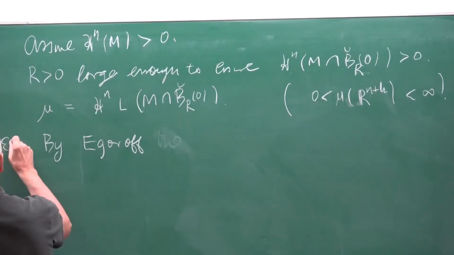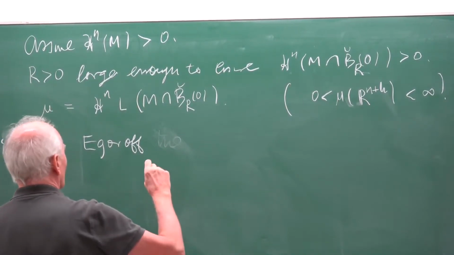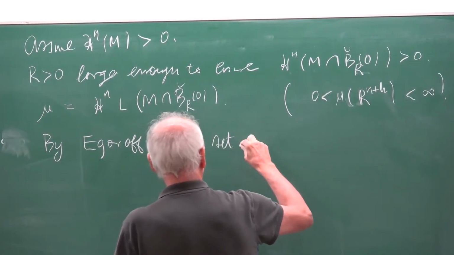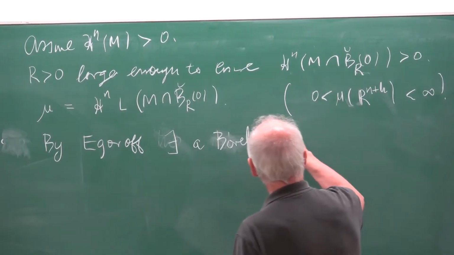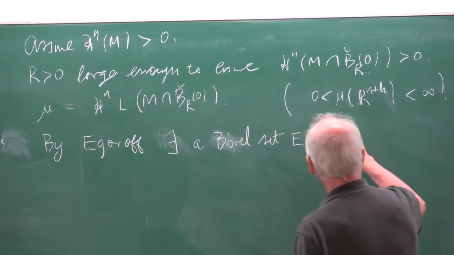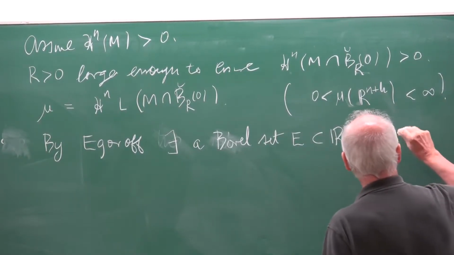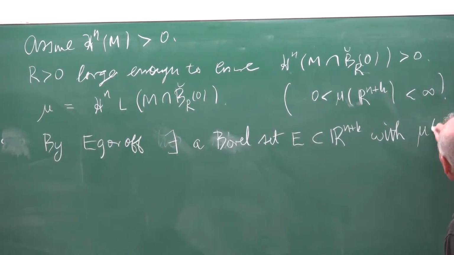By Egorov, there exists a Borel set E contained in R^(n+k) which chews up some fixed proportion of the total measure, let's say mu of R^(n+k) minus E less than a half of the total measure.